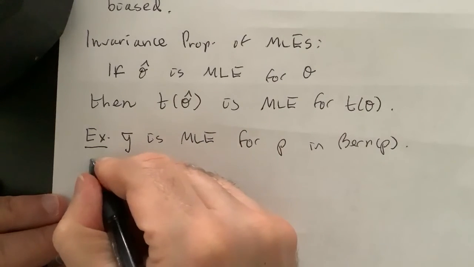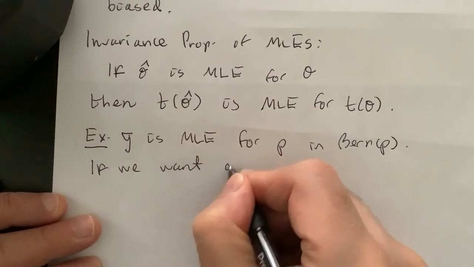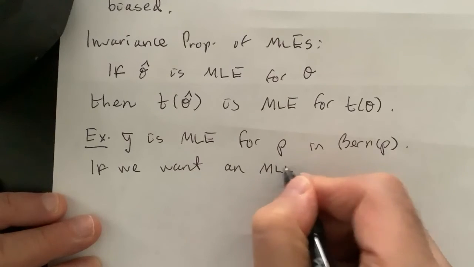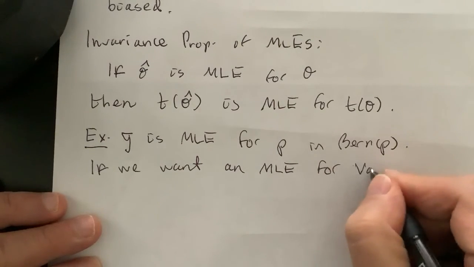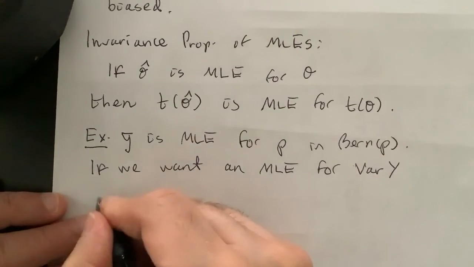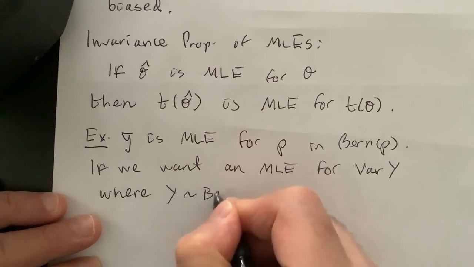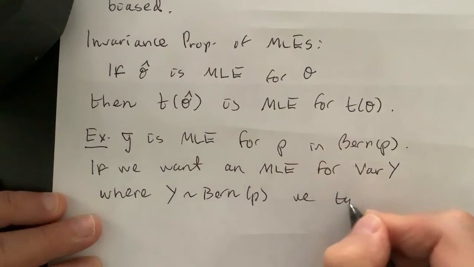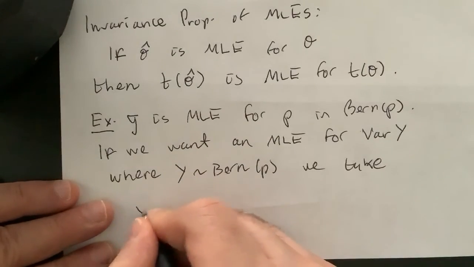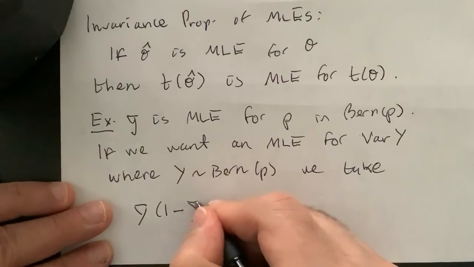So if we want an MLE for the variance of y, where y is Bernoulli(p), we take y bar times 1 minus y bar.